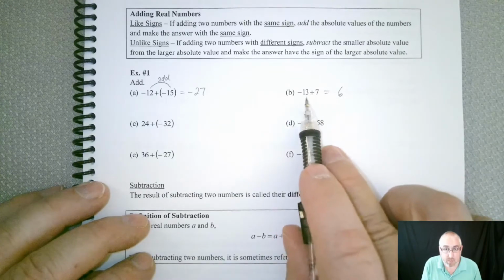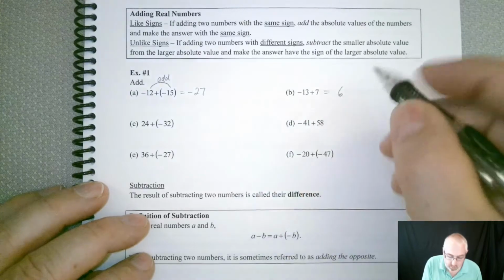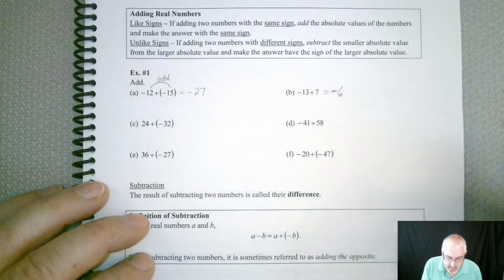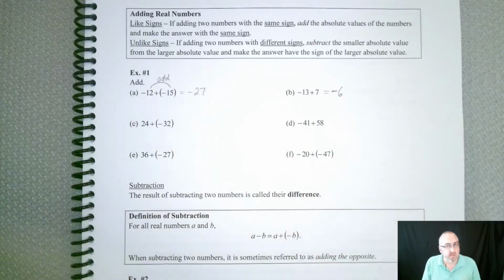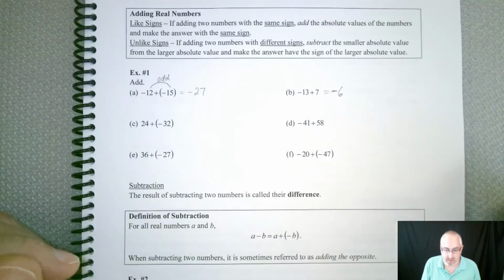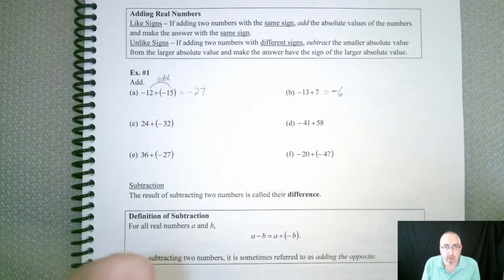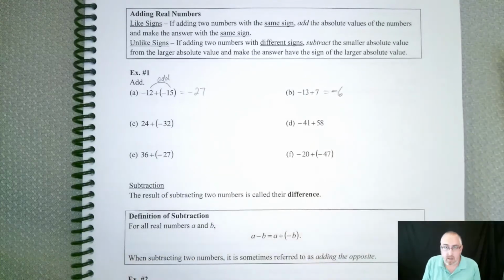The 13 was bigger and it's negative, so we want to make it a negative 6. Another way to think of this is money. Money is always a great way to think of these types of operations. If you owe somebody 13 bucks, but you get 7 bucks, and you're able to pay them 7 bucks, you still owe them 6 bucks.